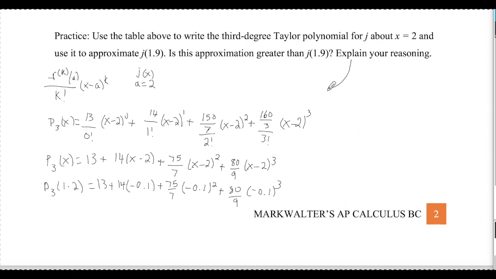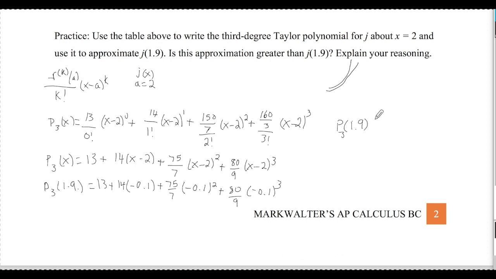It's going to be less than the actual value. Imagine it was touching there, less than the actual value there. So I can say p sub 3 of 1 point, I wrote 1.2 over here, didn't I? That's silly of me. No wonder I made that mistake earlier. I said 1.2, meant to say 1.9. There we go.